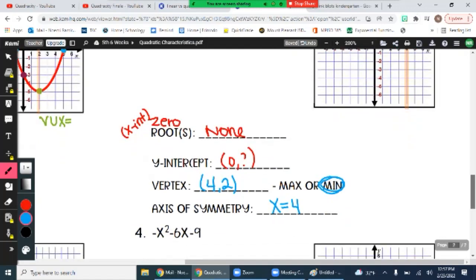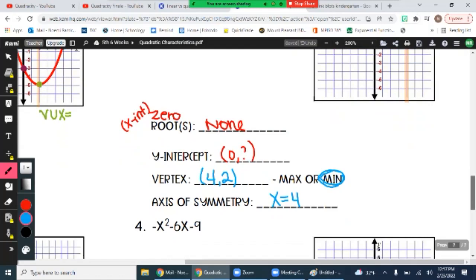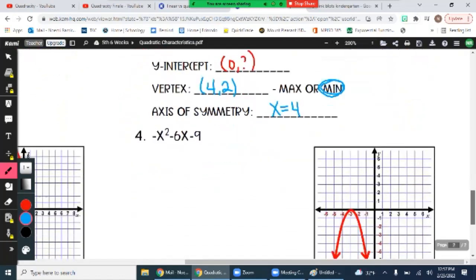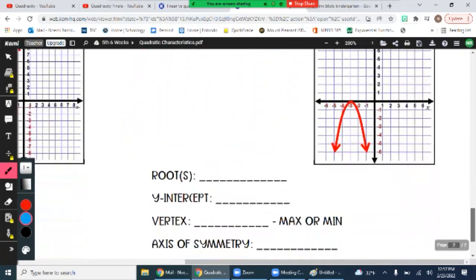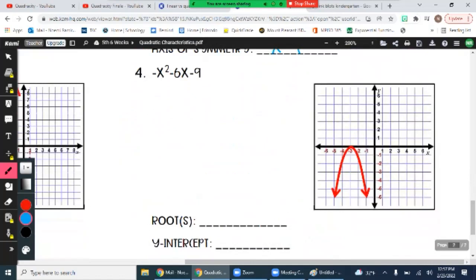Last one. Everybody got this one? What part of that equation tells you that it flipped it upside down? The negative. The negative is what flipped this upside down. I'm just going to write negative.